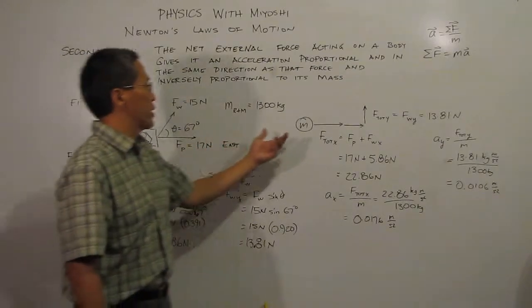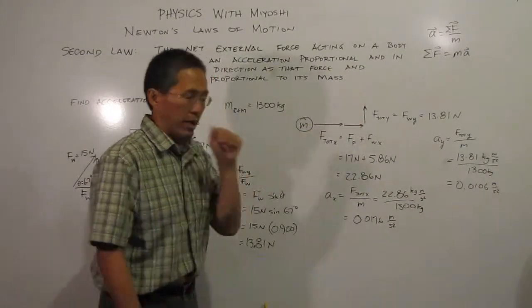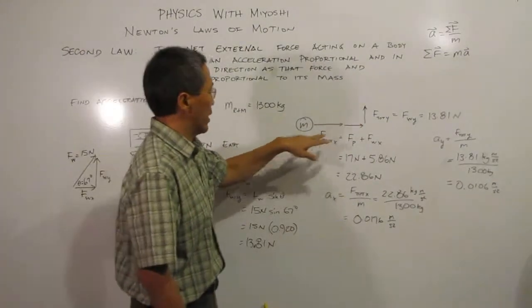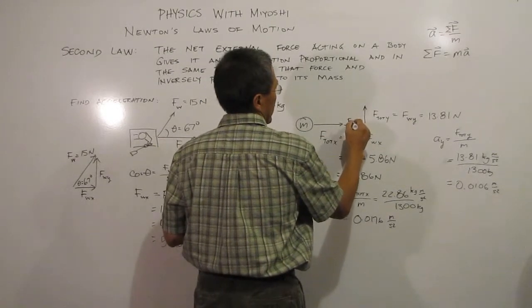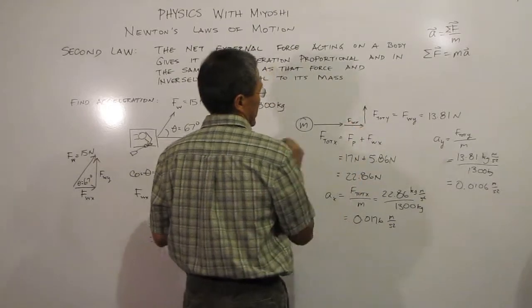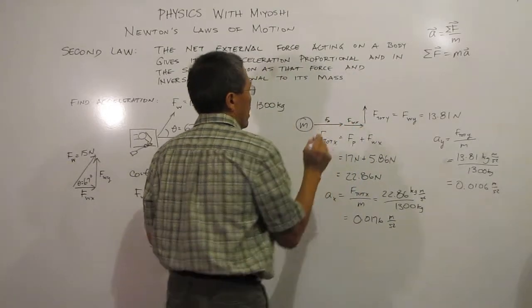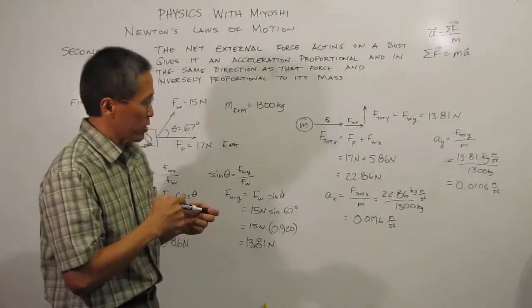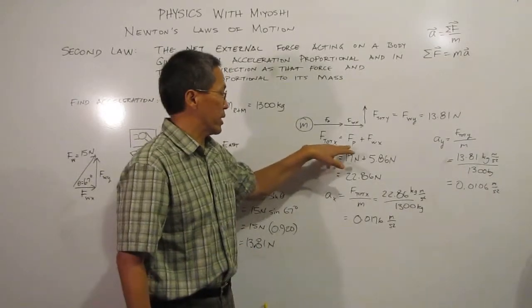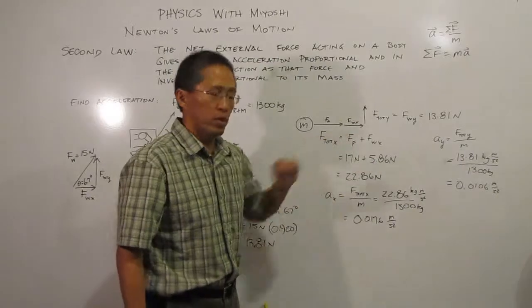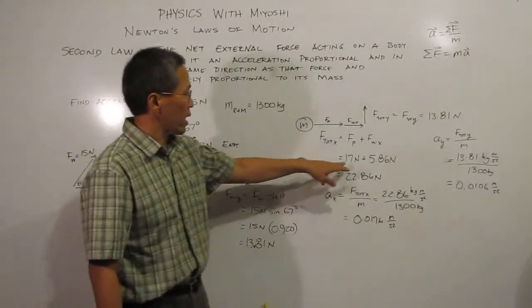Now, I'm going to rearrange my free body diagram. And here's my wind in the x direction, and here's my paddle force. And so my total force in the x direction is going to be the paddling plus the wind in the x direction. So I add those together.